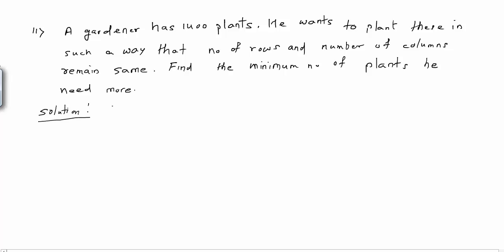There are many perfect squares which are more than 1400, but I should add the minimum number to this 1400 to make it a perfect square number. So these kinds of problems we have solved, what number we should add to make the number a perfect square. So proceeding, we use the long division method to find the square root of this 1400.